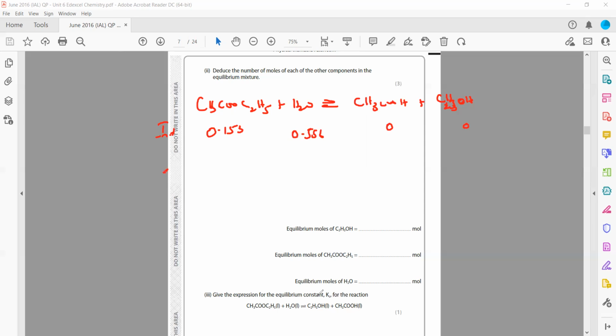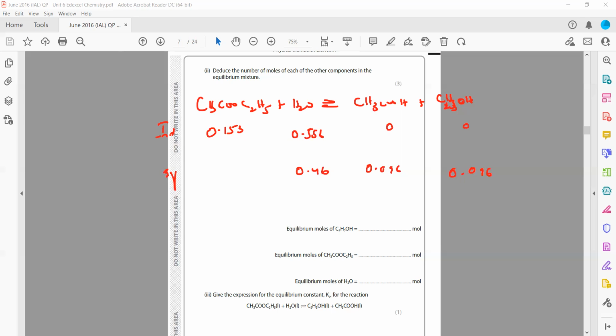But at equilibrium, we already calculated this one is 0.096. Because the ratio between ethanoic acid and ethanol is 1:1, the same number of moles of ethanol will be produced, so 0.096. And how many moles of water will be there? It will be 0.556 minus 0.096, so the remaining moles will be 0.46.